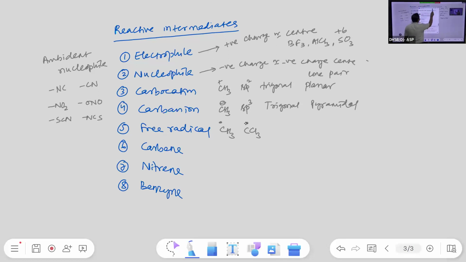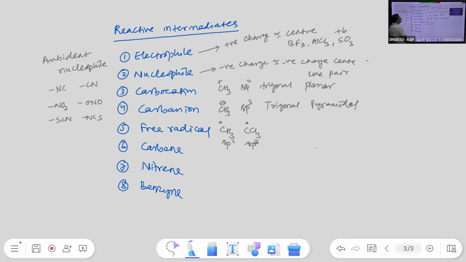If you see in case of CH3 dot, the hybridization is sp2 and for CCl3 dot it is sp3.